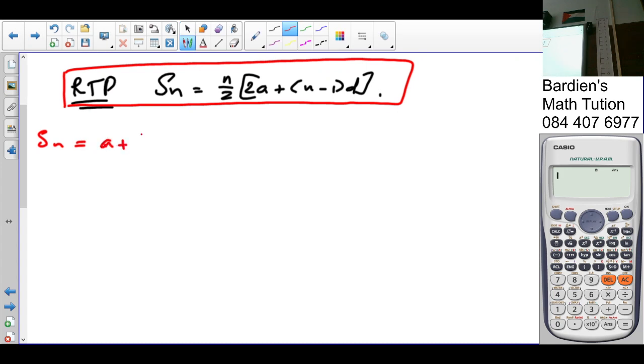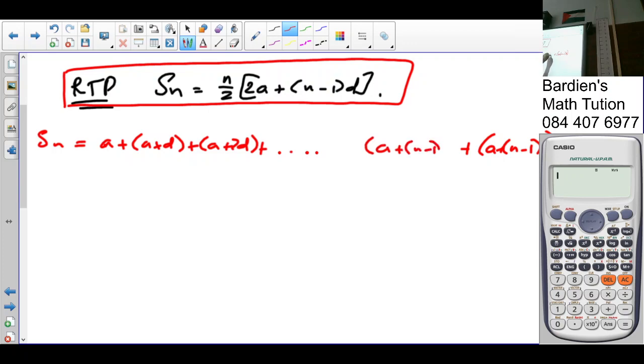So the first term is a, plus a plus d, a plus 2d. The last term, we said, is a plus (n minus 1)d. The term prior to that is a plus (n minus 2)d, plus a plus (n minus 3)d, and so on.